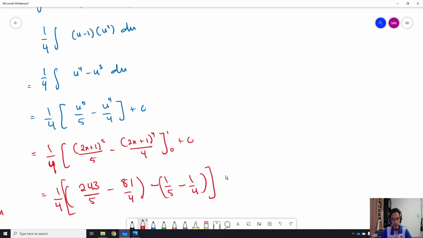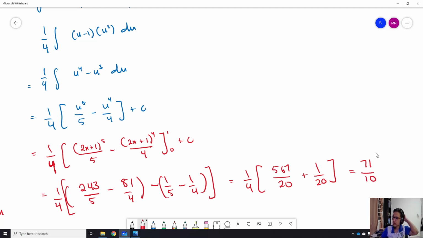Okay, so then our answer is 1 over 4 times [567 over 20 plus 1 over 20]. So that gives us 71 over 10. Okay, so our final answer is 71 over 10, by changing the value of u back into 2x plus 1.